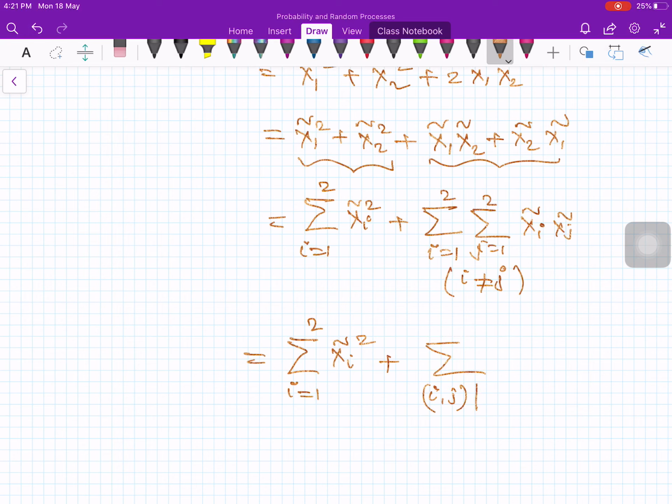That is, I have n squared minus n cross terms and n squared terms. Now we will use linearity to move the expectation inside. So that expectation came here, I forgot to put it here.